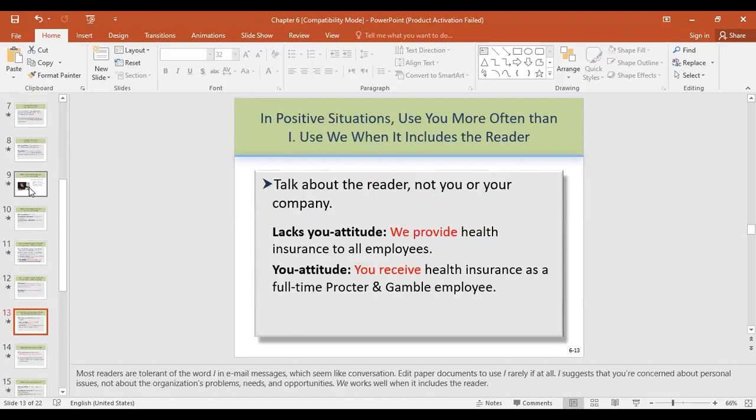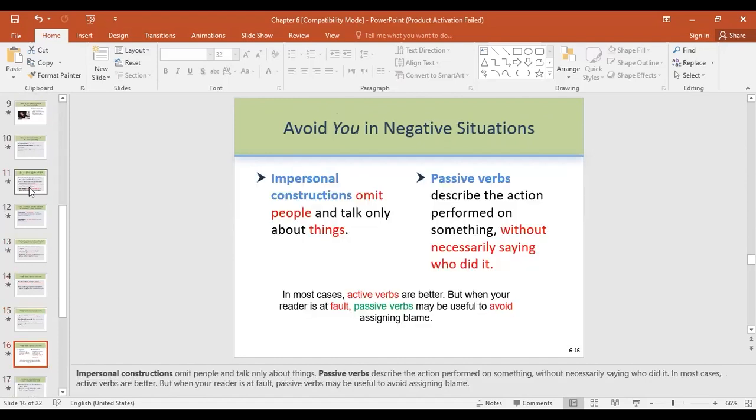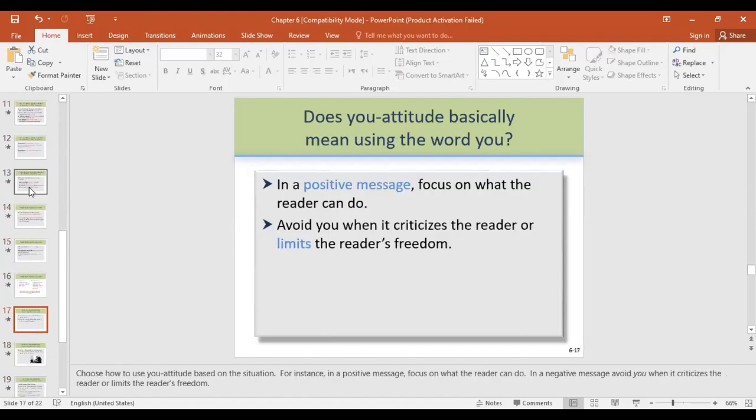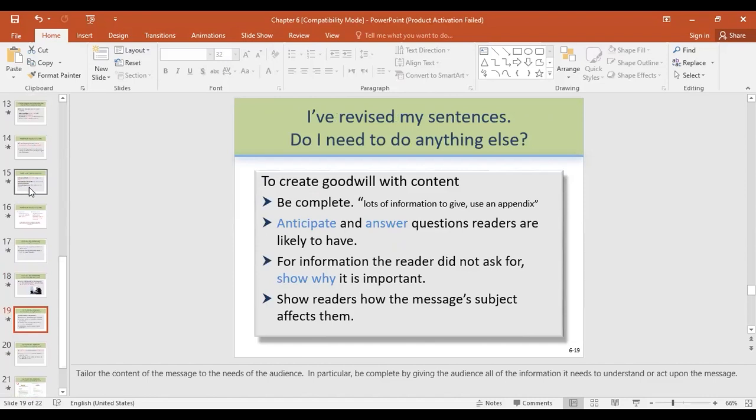There is an example about it, as we said before. Avoid you in negative situations. You attitude basically means using the word you in a positive message. Avoid criticizing the reader or limiting the reader's freedom. In a job application letter situation, keep the word you to a minimum. Here I have revised my sentence.